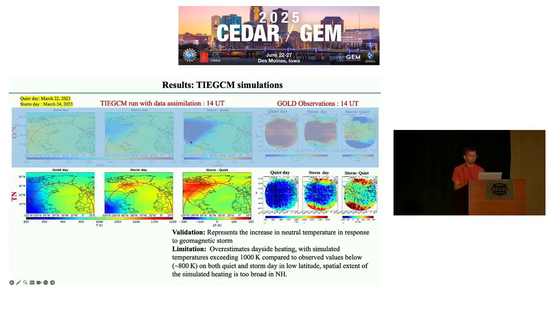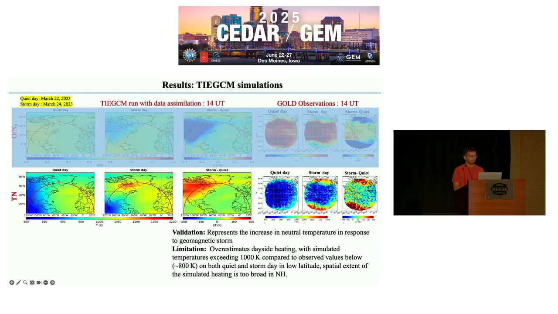And similarly, if we look at the neutral temperature, the simulation result represents the increase in neutral temperature in response to the geomagnetic storm, but still it overestimates the day side heating. These color bars are at the same scale, so there is no more heating in the observation, but we see the heating in our simulation.